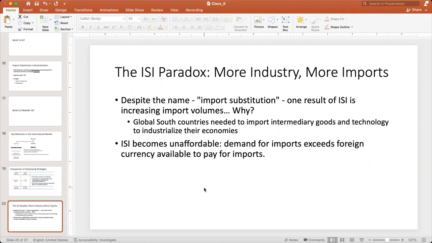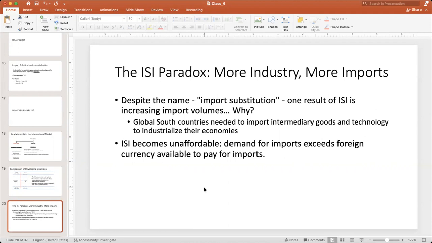Why? Well, because the global South countries needed to import intermediary goods and technology to industrialize their economies. They didn't have the technology, the human capital, and the investment levels to produce manufacturing goods. So they required to import more, even when they were trying to block the import flows.